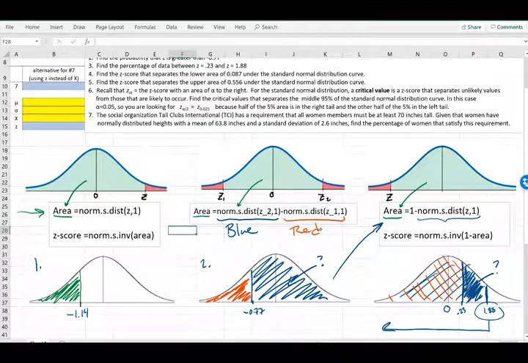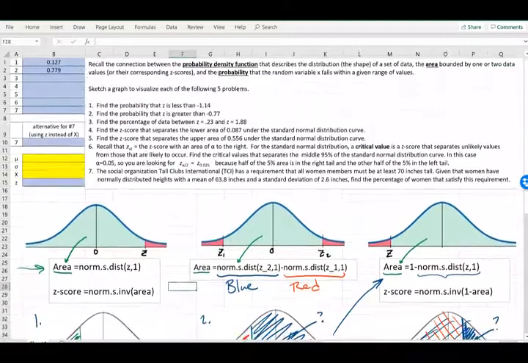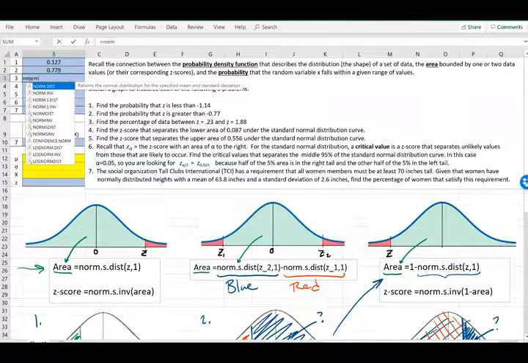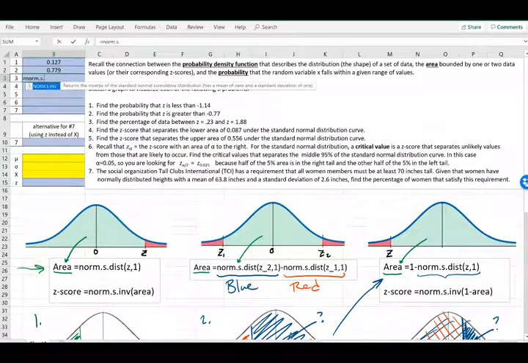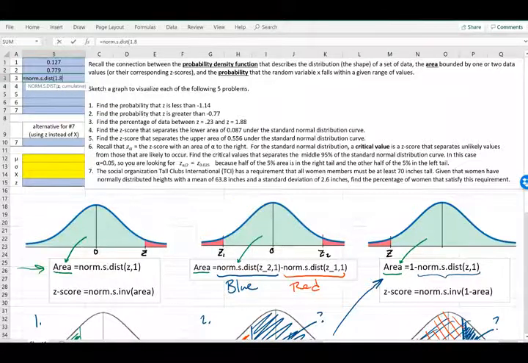Okay, so let's pop that into our answer for number 3. So the area between should be equal to norm.s.dist. The larger z-score is 1.88. Okay, so that's all of the area from 1.88 down, or 1.88 to the left.